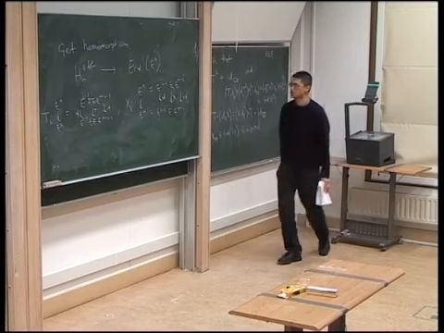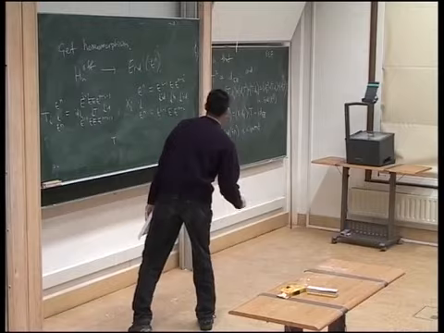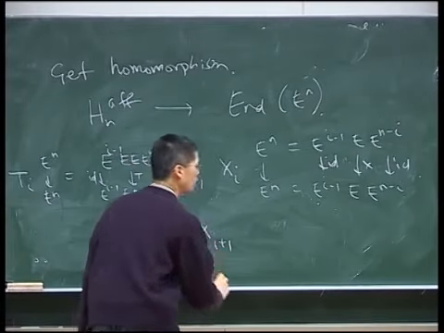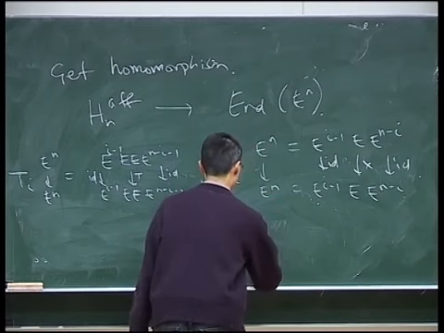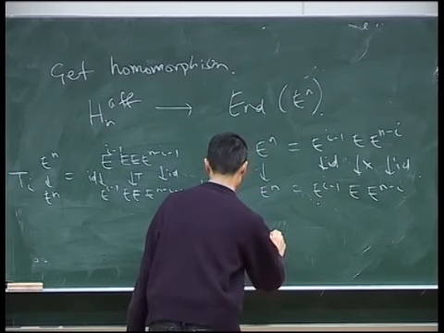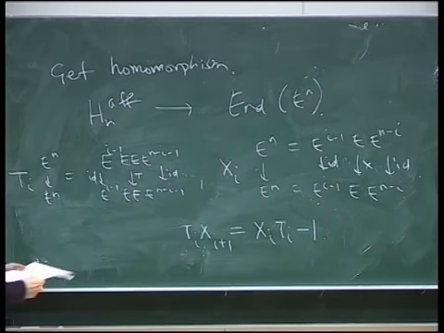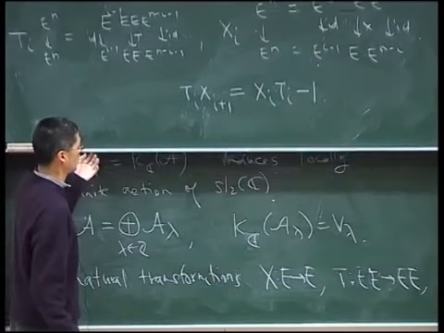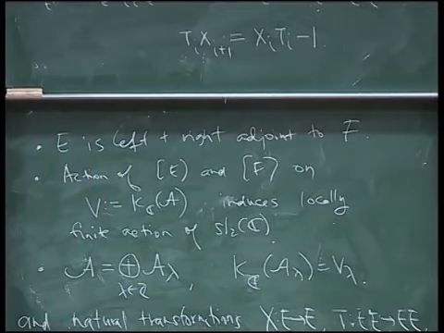That translates into the relation t_i x_{i+1} is equal to x_i t_i minus 1. Once one has this action of the degenerate affine Hecke algebra, it allows you a lot more flexibility in building functors out of the e's and the f's.